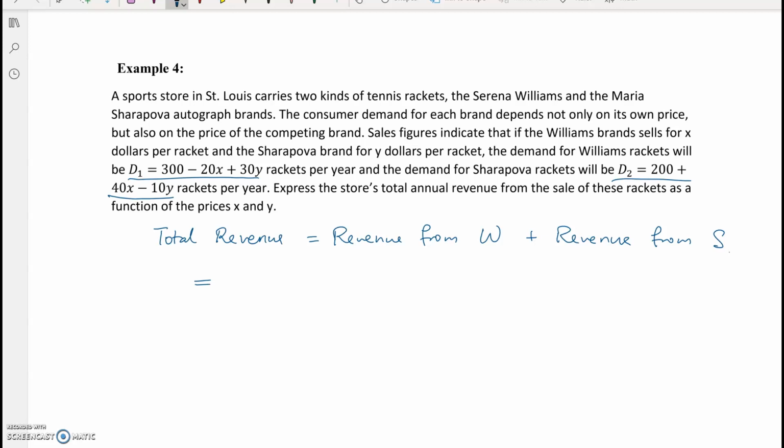So for the Williams brand, the price is X, and the demand for Williams is D1, so X times D1. The revenue for the Sharapova is going to be the price Y, and the demand is D2.